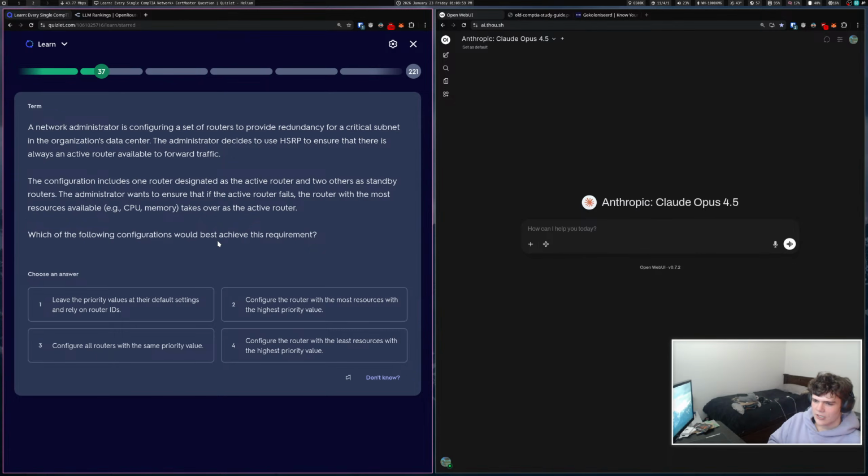The configuration includes one router designated as the active router and two others as standby routers. The admin wants to ensure that when the active router fails, the router with the most resources available takes over as the active router.